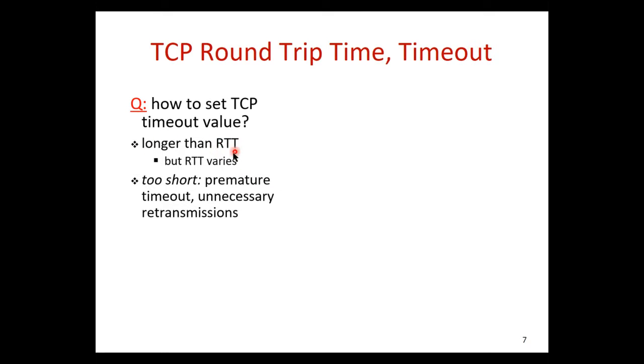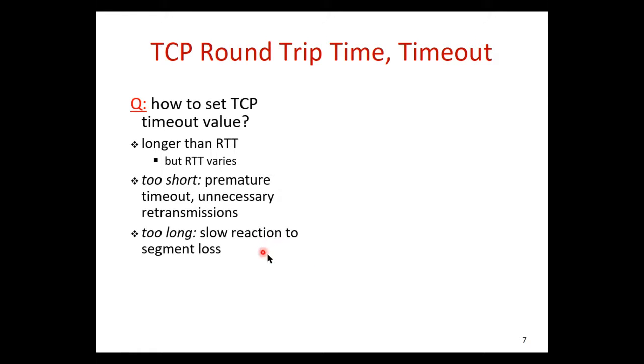But we don't want to set a value that is too short, because that will prematurely time out and we will unnecessarily retransmit. And we don't want to set the timer too long either, because that will slow down the recovery from packet loss.